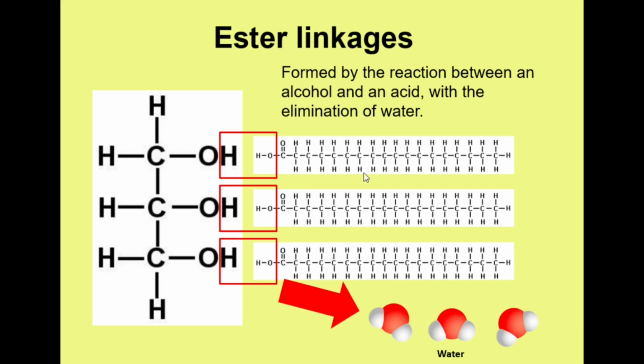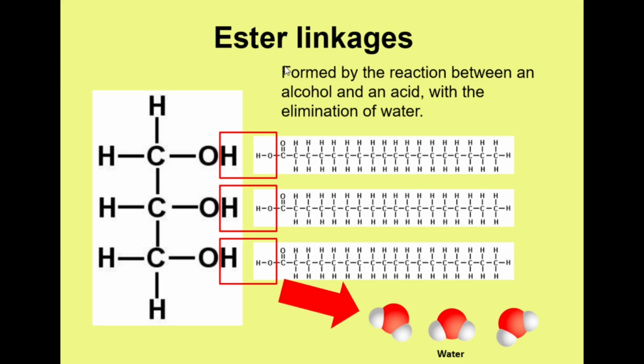So what we end up with is 3 fatty acid chains joining on to this glycerol molecule through dehydration synthesis. And every time we get a link now between this oxygen and this carbon, that is now called an ester link or an ester bond.